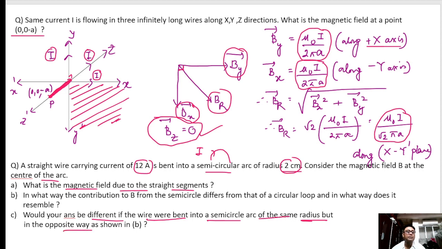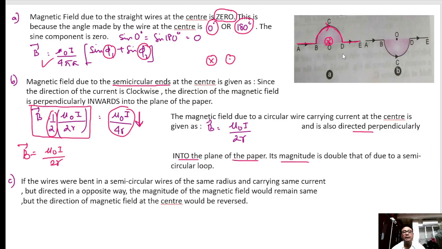So watch here, if I bend it like this in the opposite way, will there be any change in the magnetic field? There will be no change in the magnitude of the magnetic field, but its direction will be just opposite, because all the values are the same, but the direction will be reversed.